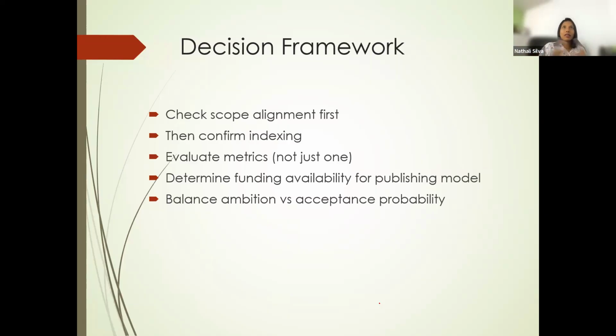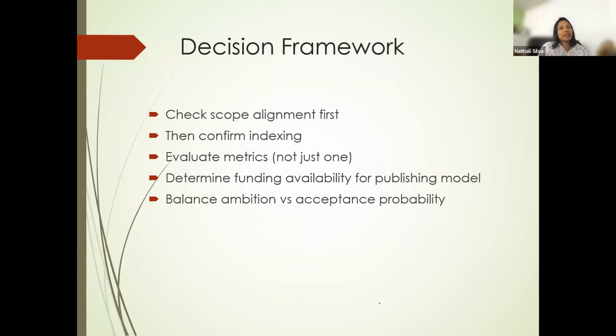Imagine one journal has an acceptance rate of 5%. Another one is very close to the previous journal, but the acceptance rate is like 20% to 25%.